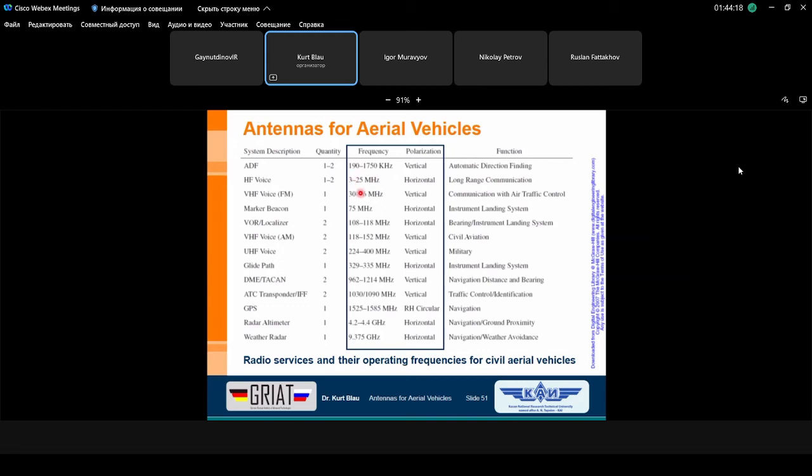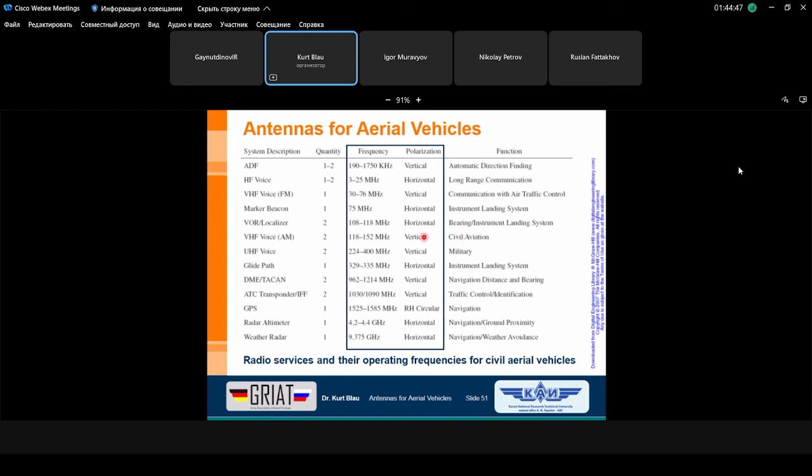And then communication with the traffic control, which means you are near the airport, starting and landing. Then we have the instrument landing system, also useful near the airport. Then bearing instrument landing systems, also in case of starting and landing. Also this is useful near the airport.